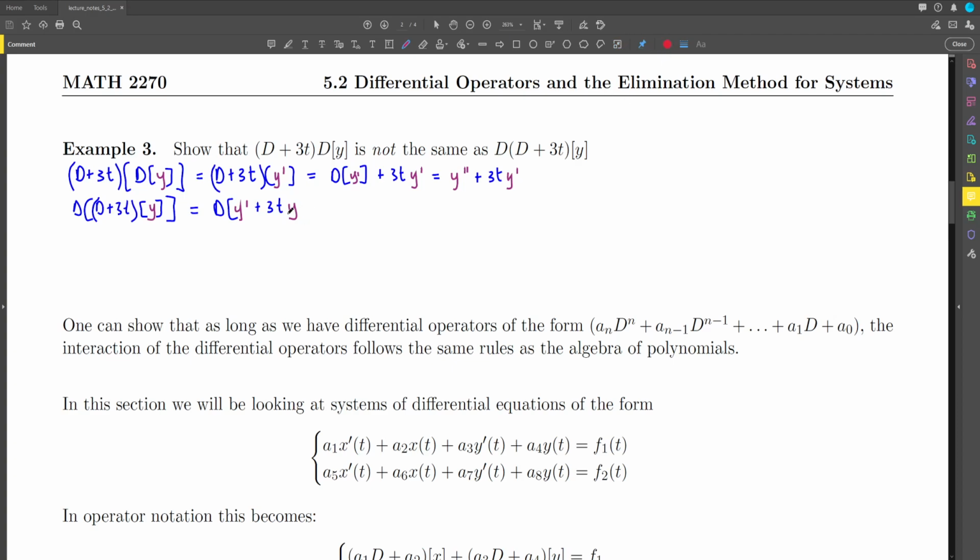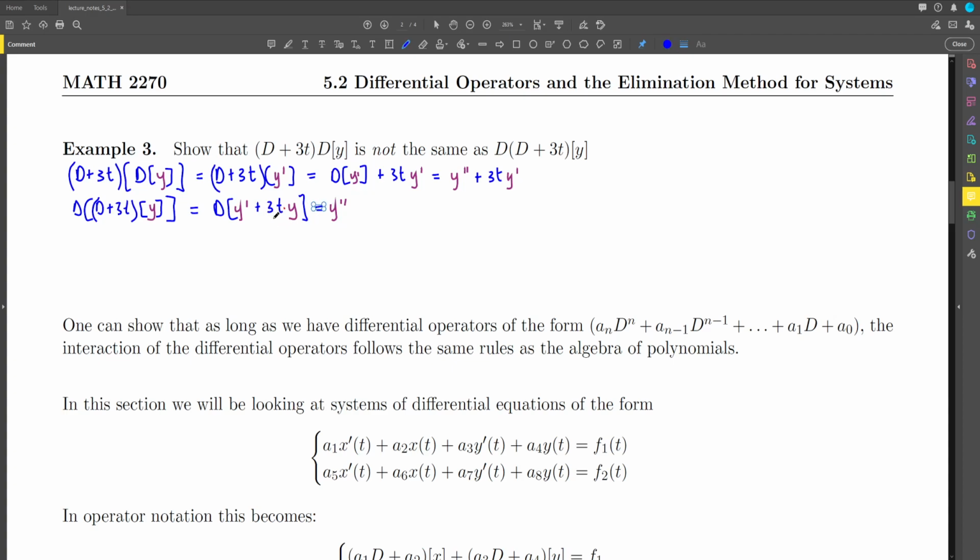Now it is important that we have multiplication there, because that means that in order to take the derivative of this, we have to use a product rule here. So the derivative of y prime, that's just y double prime. So that's our first term.